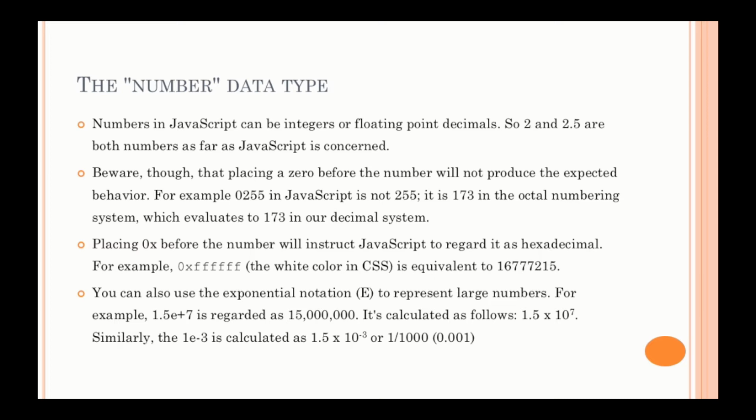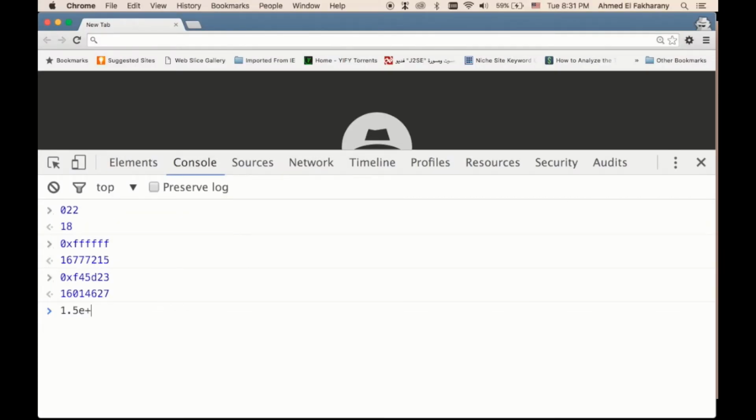When you studied mathematics, you learned that you can write very large numbers in a shorthand using the e symbol, like this. For example, 1.5e+7. You can either write plus 7 or just omit the plus sign, and it will give you the same results.